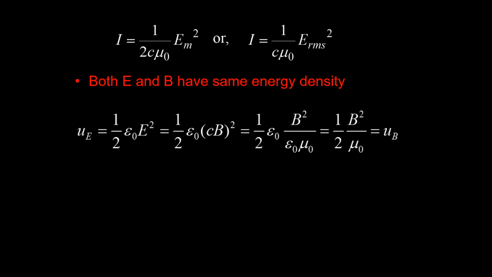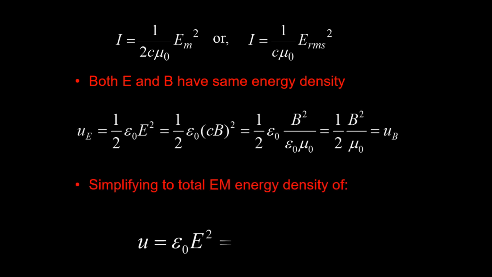This means if we look at the energy of our wave, or more normally the energy density, we can look at it in terms of the electric part, and this is the important formula here: U is epsilon 0 E squared, or B squared over the magnetic permeability mu 0.